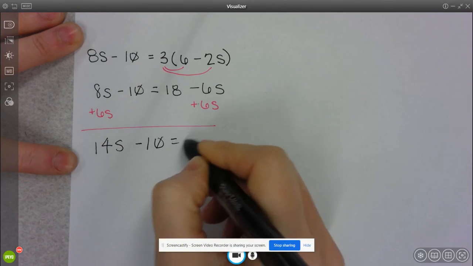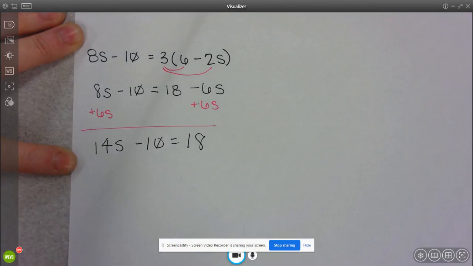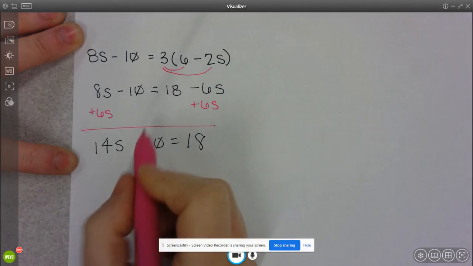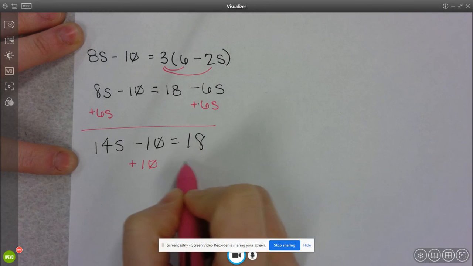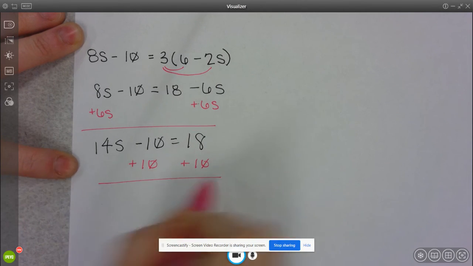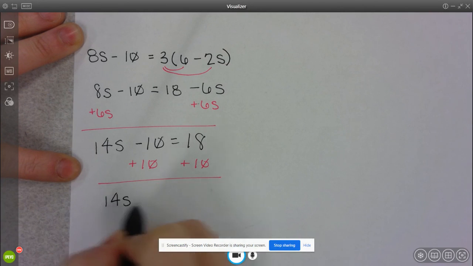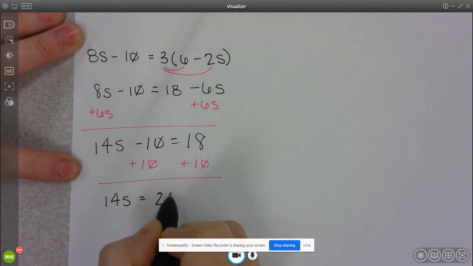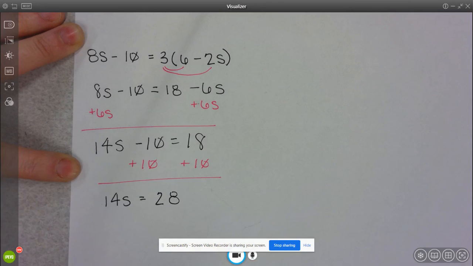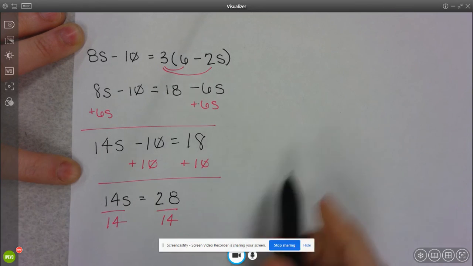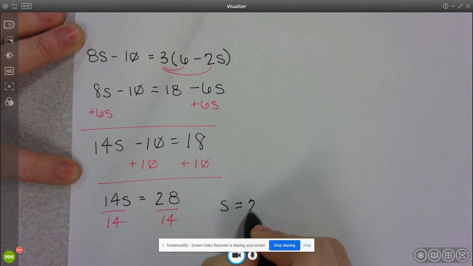The minus 10 and the 18 are going to stay as they were. I'm going to add 10 to both sides. We'll have 14s being equal to 28. And then dividing by 14 tells me that my value of s would have to be 2.